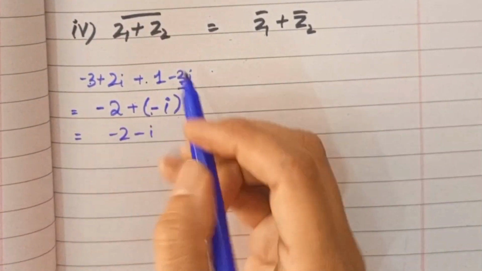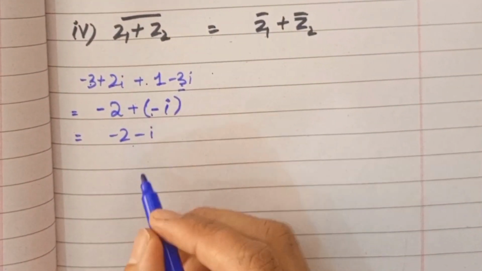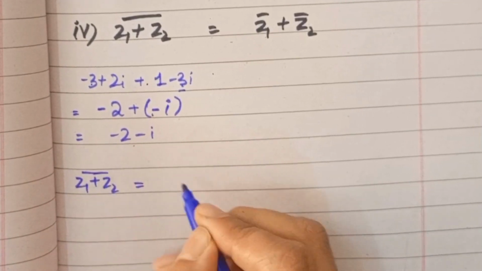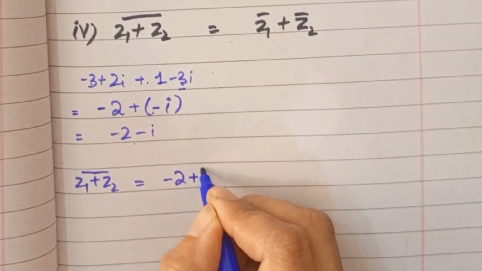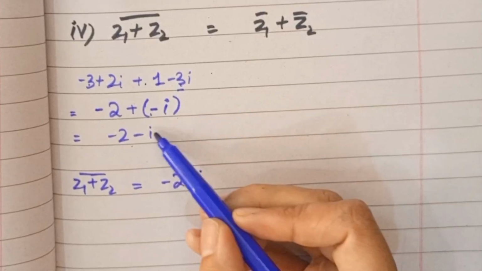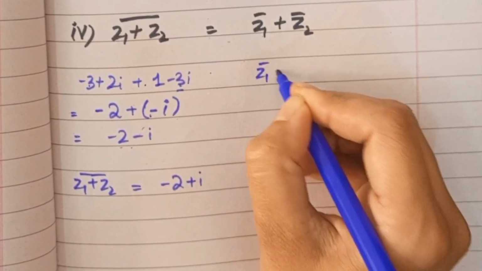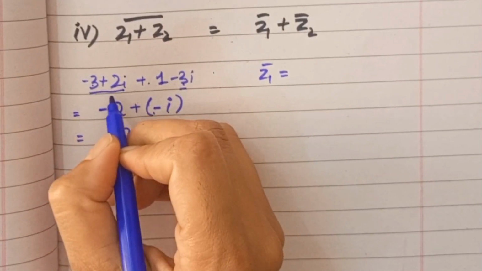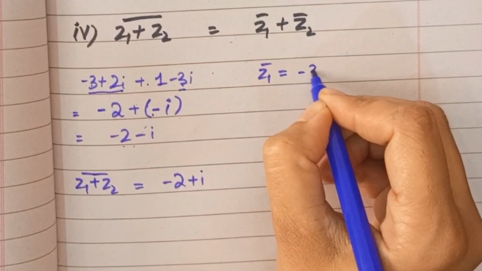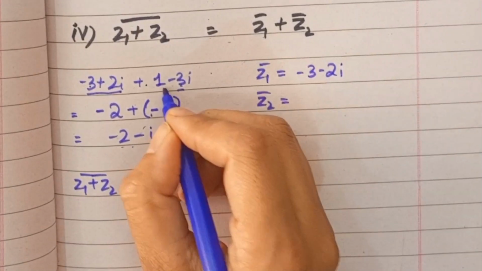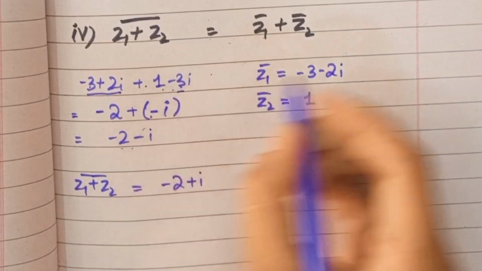Now this is Z1 plus Z2. Now we will take the conjugate of it. Z1 plus Z2 whole conjugate will be equal to minus 2 plus iota, because conjugate always affects the imaginary part, not the real part. Z1 conjugate. Z1 is this. Now we will take the conjugate, minus 3 minus 2 iota. Z2 conjugate 1 plus 3 iota.